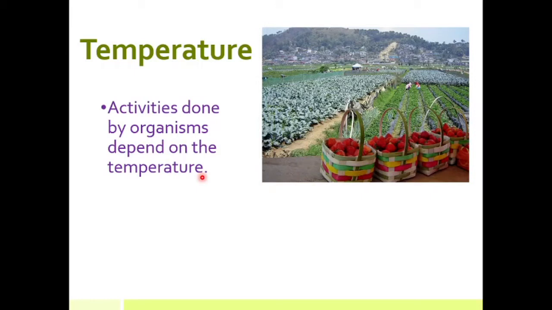Strawberries need low temperature to thrive and to germinate. If you plant strawberries in an environment where there are records of high temperature, they cannot germinate or live. Therefore, they are temperature sensitive, meaning a change in temperature may affect their germination.